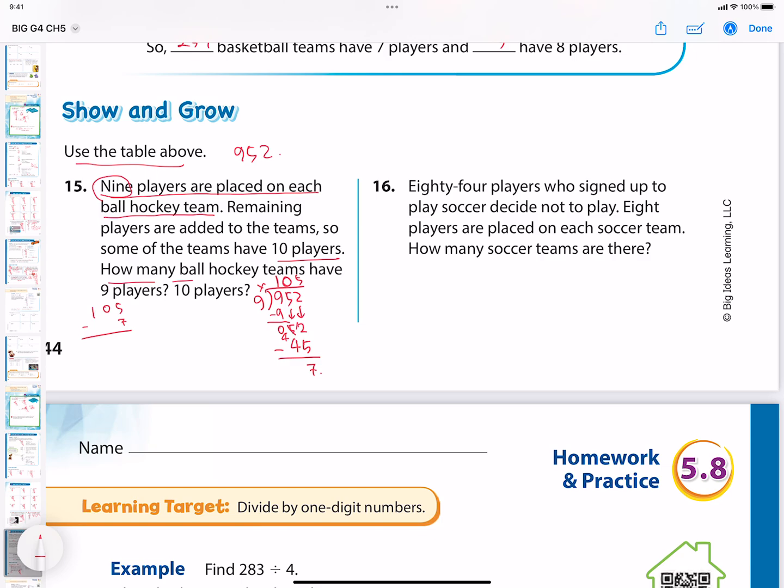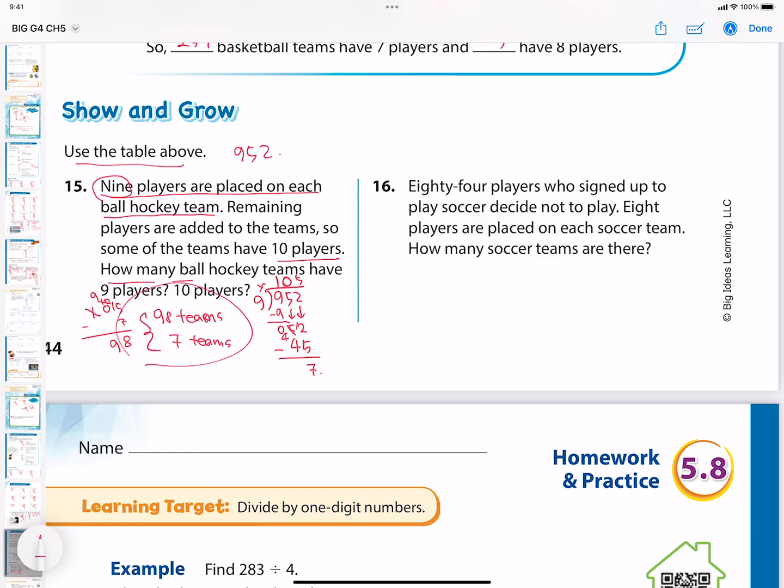So now you cannot take away 7 from 5, so this becomes 10, and 10 becomes 9, and it becomes 15. So 15 take away 7 is 8 and 9. So 98 teams have 9 players, and then 7 teams have 10 players. Okay, this is the answer.